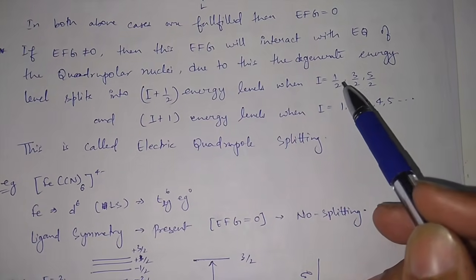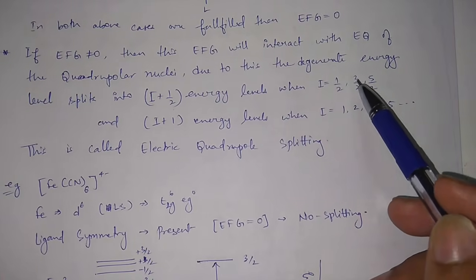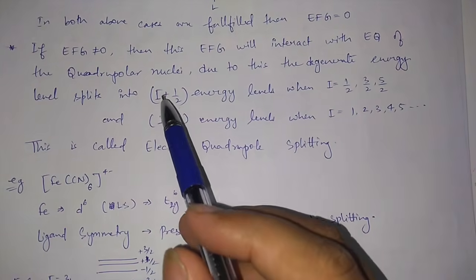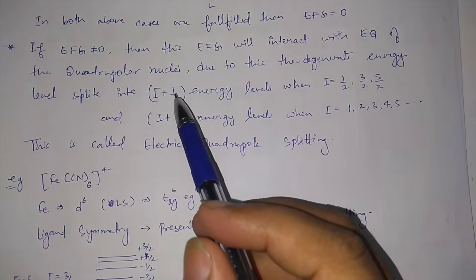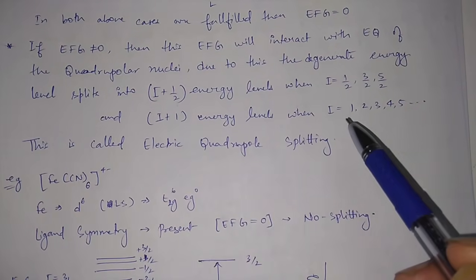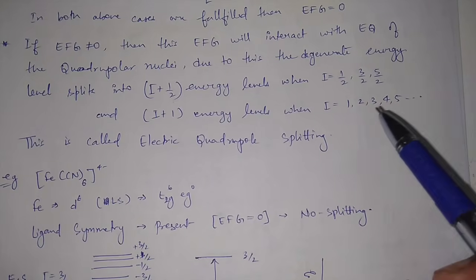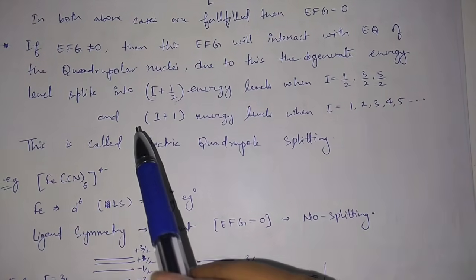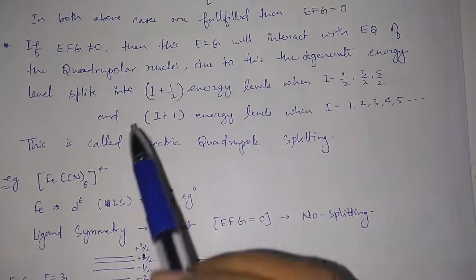If you are having I values like half, 3 by 2 or 5 by 2, then the number of splittings will be given by this formula, that is I plus half. And if you have I values like 1, 2, 3, 4, 5, then the formula used to find the number of splittings will be I plus 1.